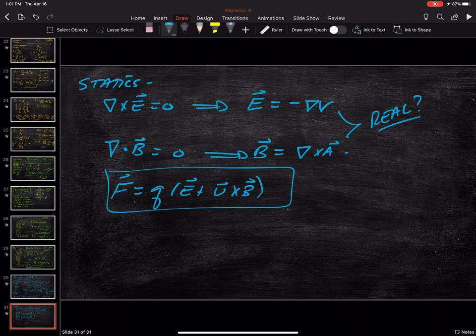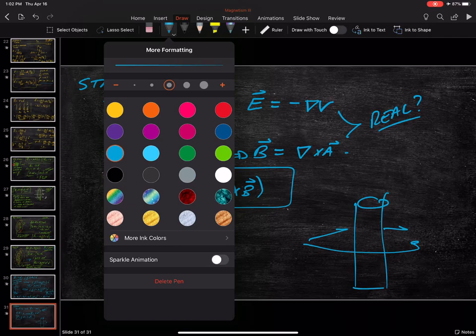However, in quantum mechanics, A and V actually do take on a reality. There are certain experiments, one of them called the Aharonov-Bohm experiment, which show that A actually makes a difference. You can have a situation in which you've got a solenoid, and you look at how electrons move around that solenoid, where the magnetic field is completely contained inside.